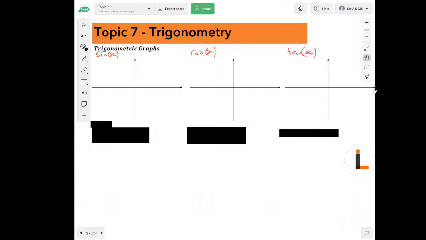So for sine x, we've got to start at 0 and draw a wave in here, and then we're just going to mirror that and translate it back as well. And then we're going to mark on our key points.